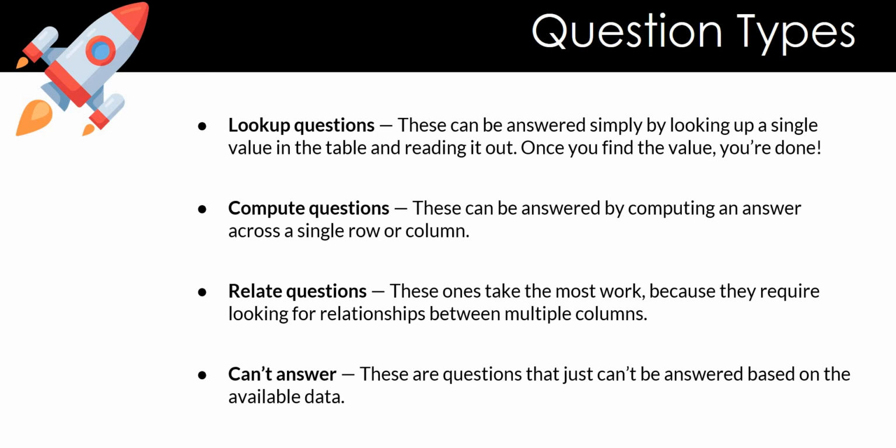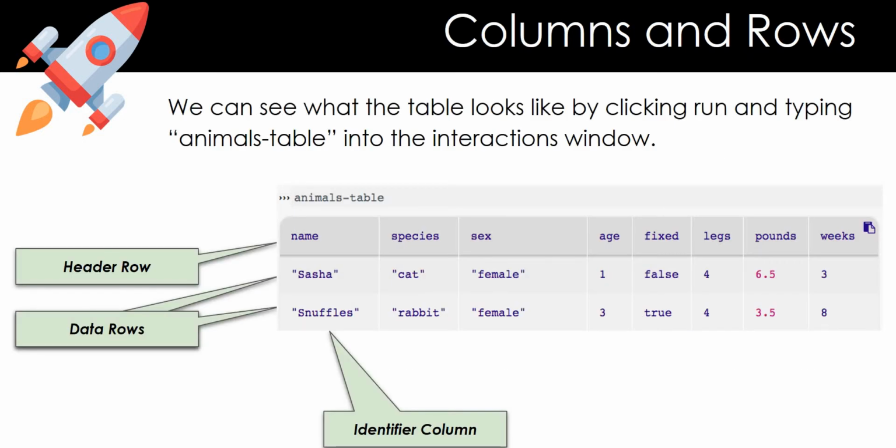Something where you're going to have to look at the quantitative data, the numbers, in order to get the answer. What is a relate question? And when you think of relate, think of relationships. What are the relationships in the data set that we could use and hopefully tell other animal shelters? And of course, lastly, the can't answer. Can you think of a question that you can't answer from this data set?